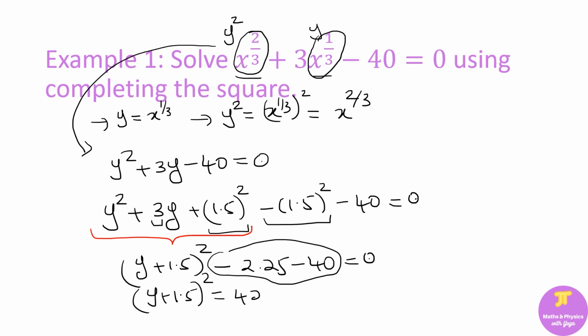This becomes 42.25. So we can take a square root on both sides. If we take a square root, y plus 1.5 becomes plus or minus the square root of 42.25. So the square root of 42.25 is going to be plus or minus 6.5.